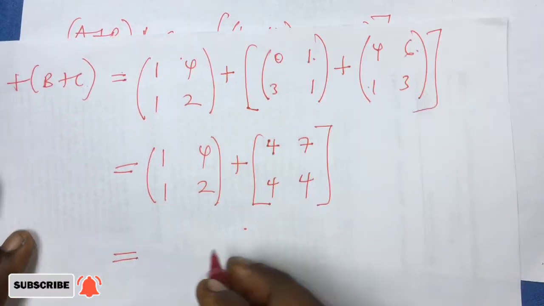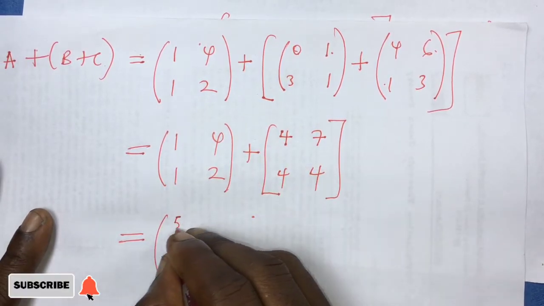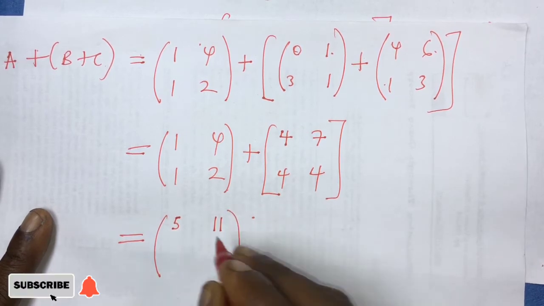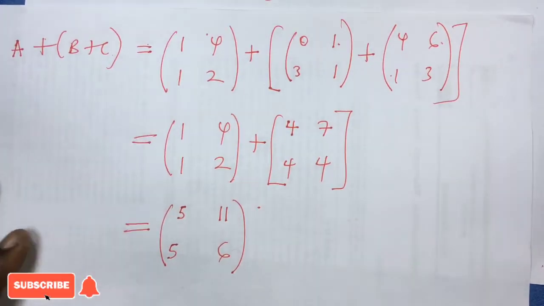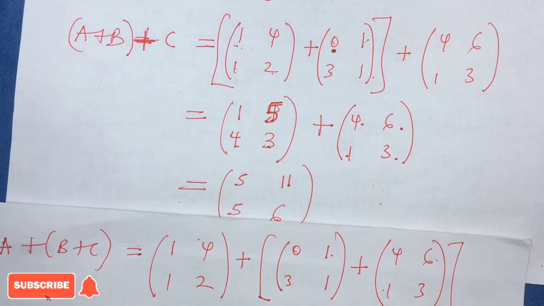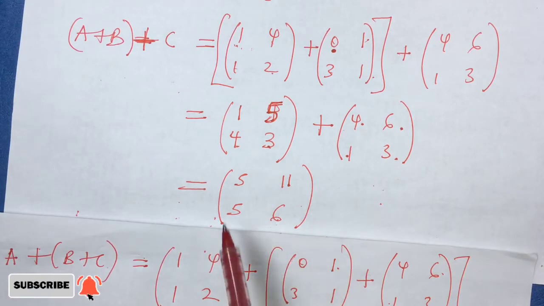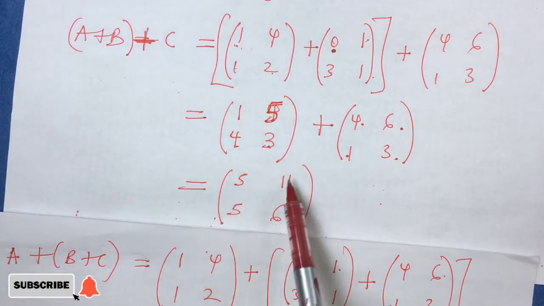Now the result of your overall addition will be 1 plus 4 is 5, 4 plus 7 is 11, 1 plus 4 is 5, and 2 plus 4 is 6. So that is the result you are going to get. Okay? Now what did we obtain earlier on? We obtained for A plus B in bracket plus C, we obtained 5, 5, 11, 6.